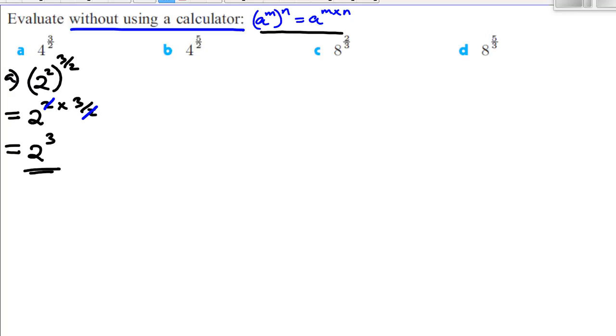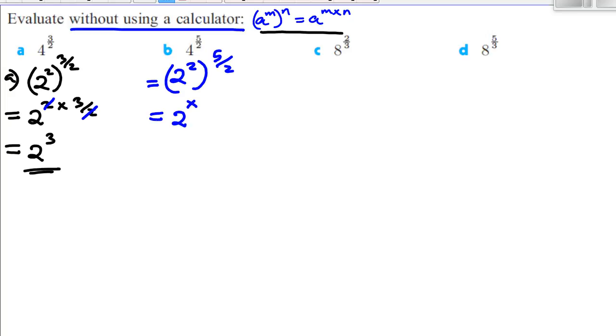The next question, you have 4 here, so I'll express 4 as a power of 2, so 2 to the power of 2, all to the power 5 over 2. Same thing, go ahead and multiply the exponents because you have a power over power.